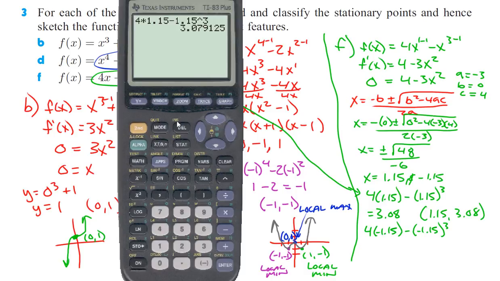All right. So 4 times negative 1.15 minus, we've got parentheses, negative 1.15 cubed. And that gives us negative 3.08.